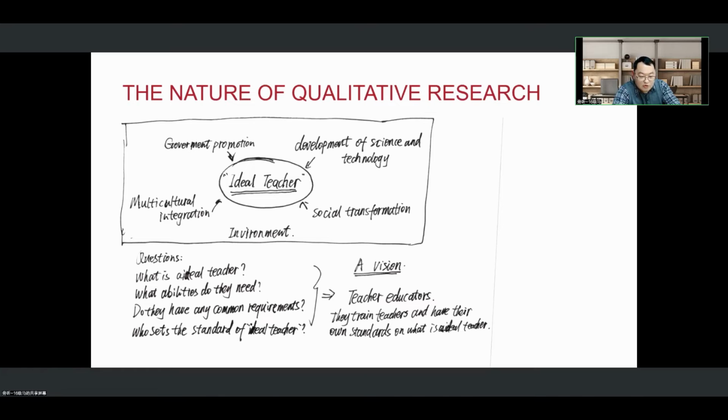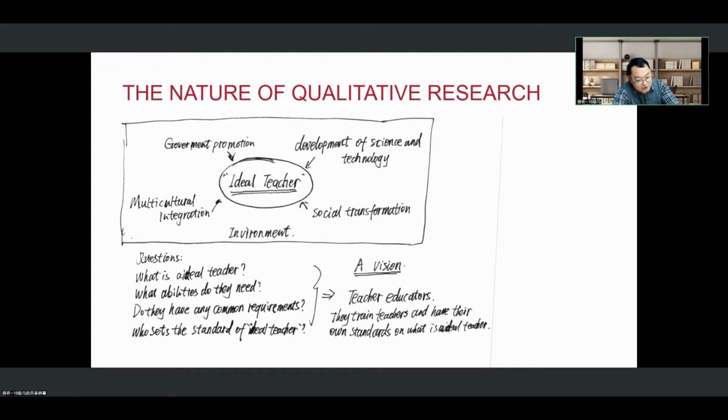The author raised some questions. The question is about what is a real ideal teacher, what ability do they need, what do they have any common requirements, who sets the standard of ideal teacher, and the author chose a group to answer this question.